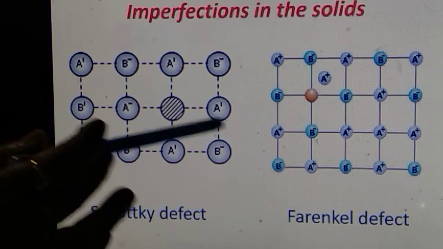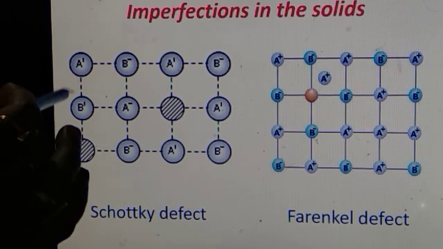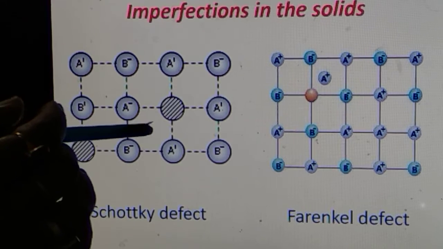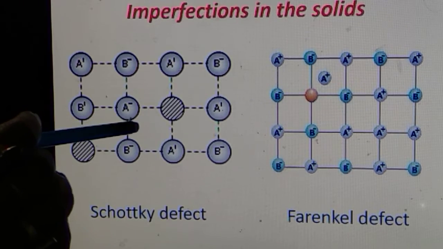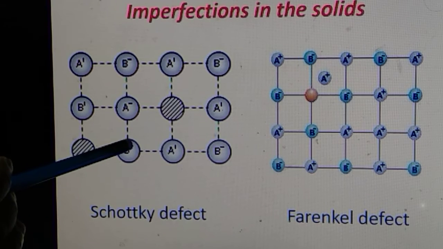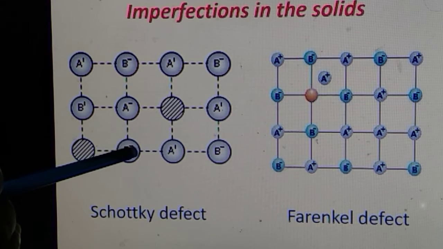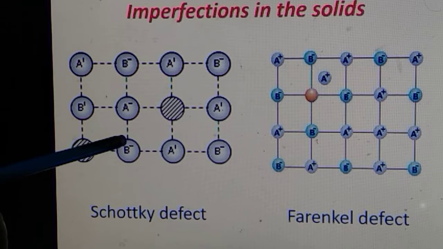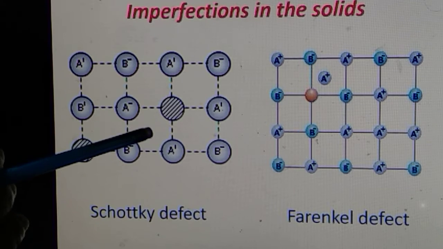This is one row, two rows, three rows, entire rows. There is a deviation from the ideal arrangement, that is known as the line defect. But in the syllabus we have to study the point defect, that is the irregularities or deviation from ideal arrangement around a point or an atom.